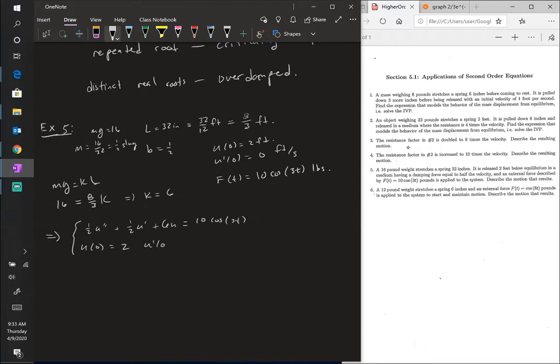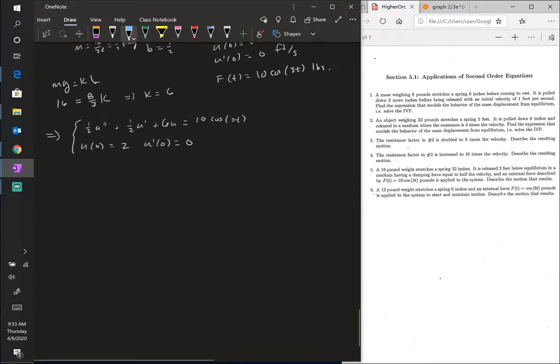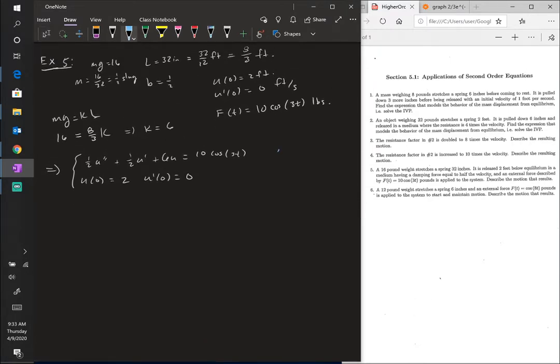U prime of 0 is 0. So this is our problem. It's a non-homogeneous equation. And I'll just probably use the method of undetermined coefficients to solve it.